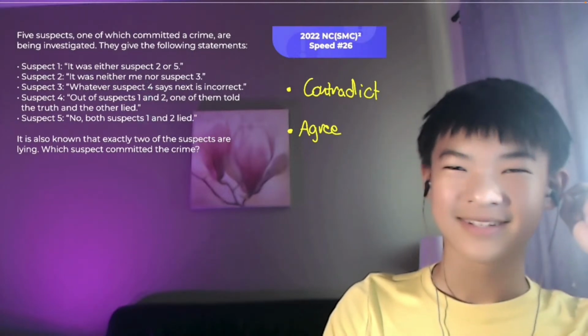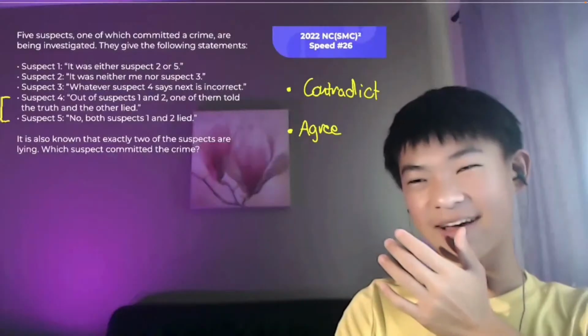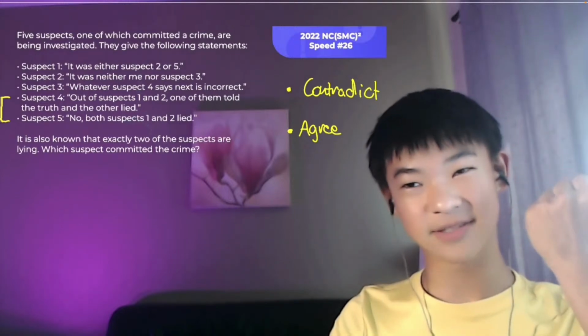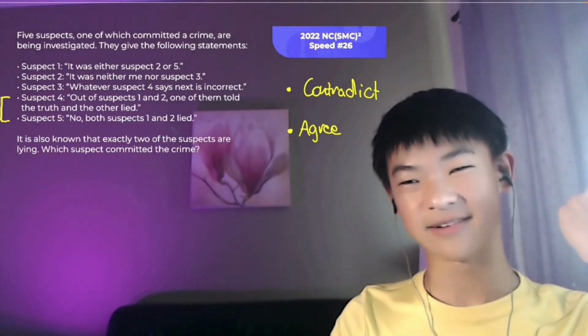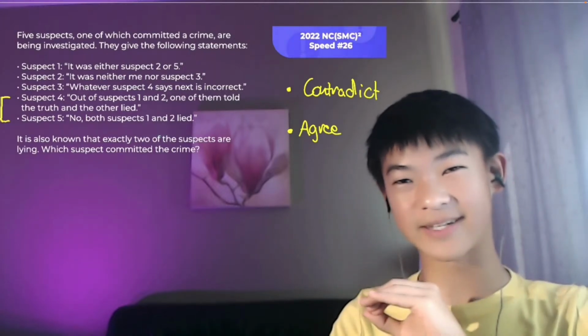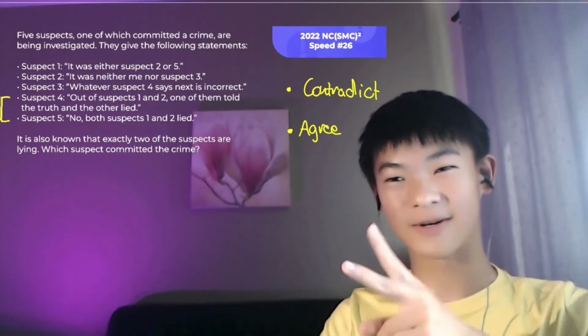Okay, so suspect 4 and suspect 5 have a contradicting statement here. One says out of suspects 1 and 2, one of them told the truth and the other lied, whereas suspect 5 says, no, both suspects 1 and 2 lied. So we know out of these two, there's exactly one truth and one lie.